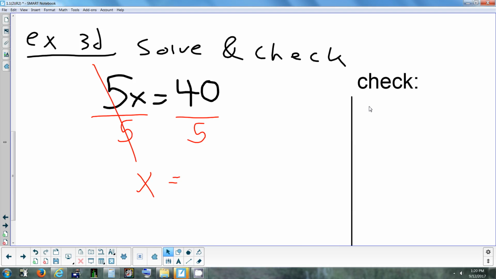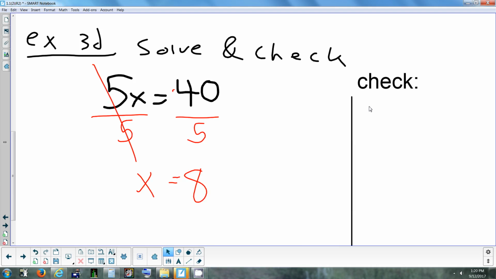Mallory, can you tell me what this means? Divide, right? So it means 40 divided by 5. Does that make sense now? What do you get when you do this? 40 divided by 5 is 8. So x equals 8.